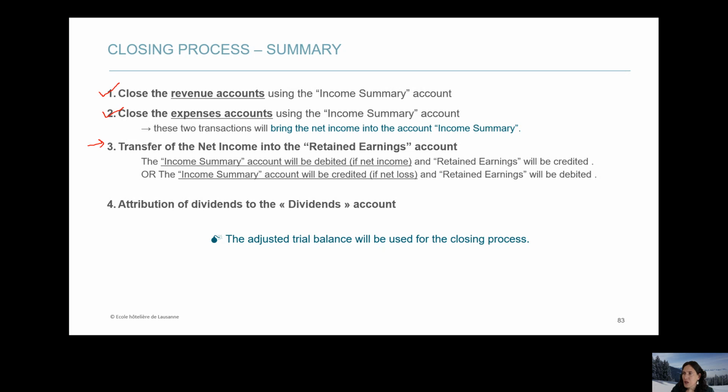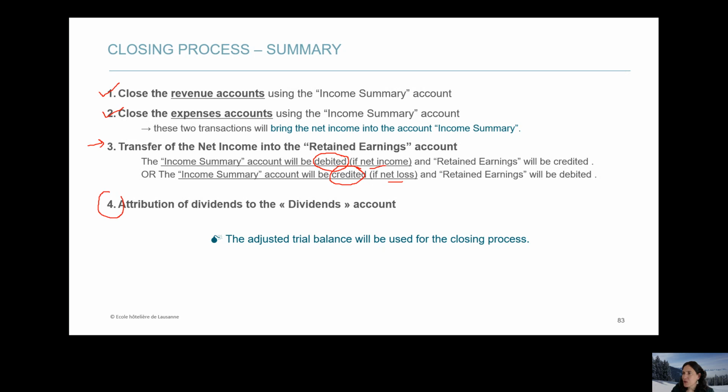You will have to debit your income summary account if there is a net income. You will have to credit your income summary account if there is a net loss. And in this case, you will have to bring the net loss on the debit side of retained earnings. So you will use your reserves to make sure that you're compensating for your net loss.